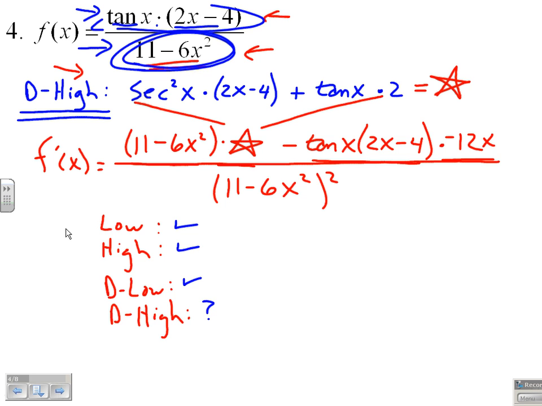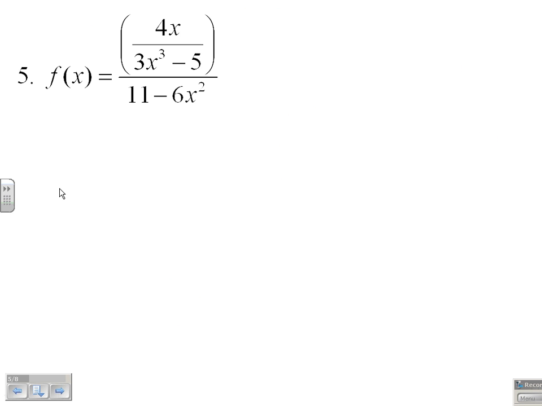Okay, let's move on to number 5. Yikes. Let's go to that thought process we just went through right at the end of problem number 4. And let's take a look at this guy. This is clearly a quotient rule, but within the quotient rule, we have a quotient. So I'm going to go through that little check system. I know I need a high function, a low function, a d high, and a d low, derivative of low.